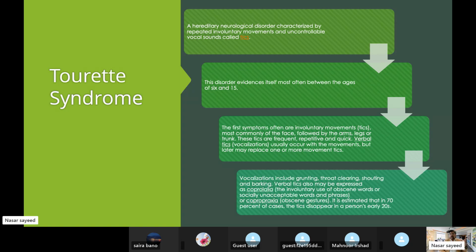So if verbal tics are there and they are making strange noises, and off and on, you're sitting in a public place or social gathering and the patient starts doing it once or twice, those abnormal vocal sounds, you should always think about Tourette syndrome.